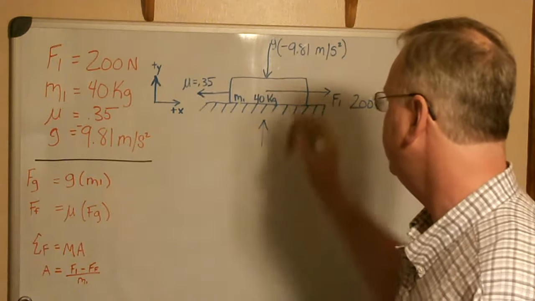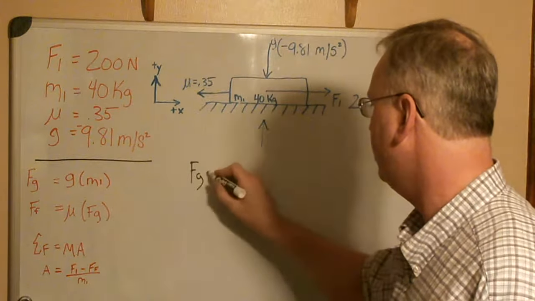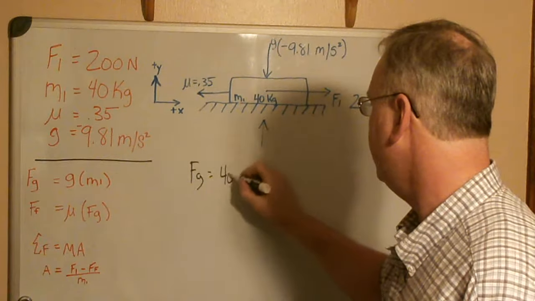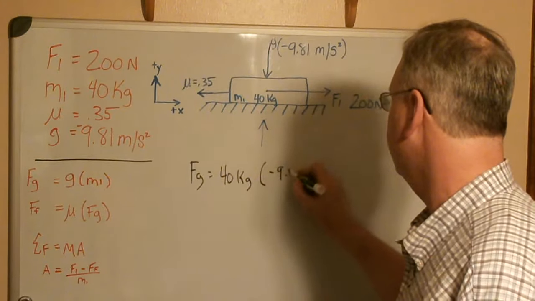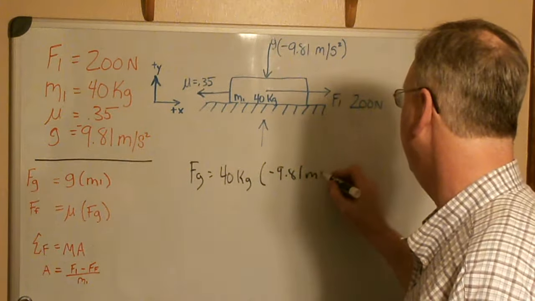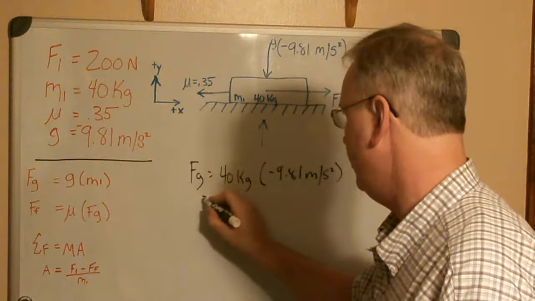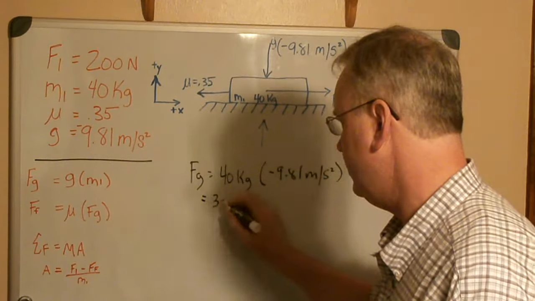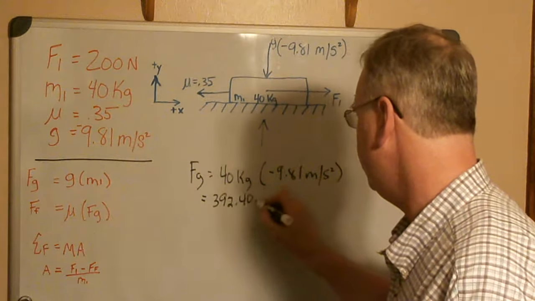The first thing we need to do to find the force of gravity acting on our weight is multiply our weight times that negative acceleration of negative 9.81 meters a second squared, which should come to 392.40 newtons.